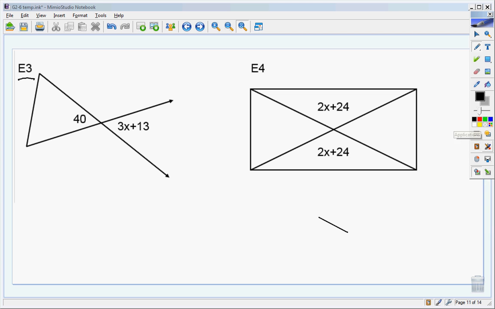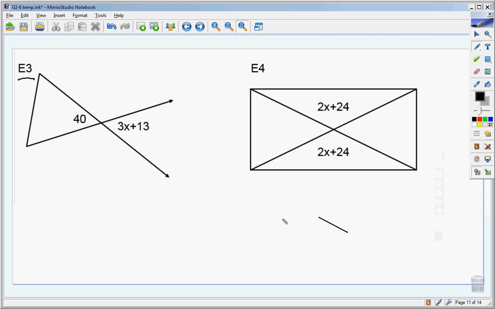Let's put back up. In example 4, these two angles are still what type of angles? They're vertical. So if I take 2x plus 24 and set it equal to 2x plus 24, and I can do that because they are vertical angles. I like to get my x's on one side first.